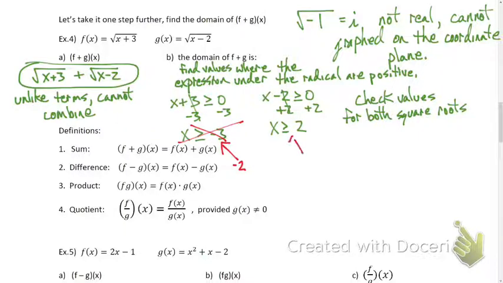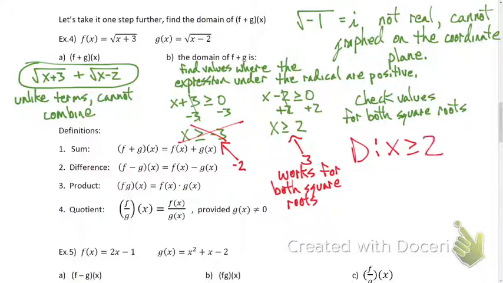If I plug in a 3, it gives us a positive for both square roots. So it works for both square roots. The domain is that one. That question right there is very difficult when you have two different square roots, much less just one square root.